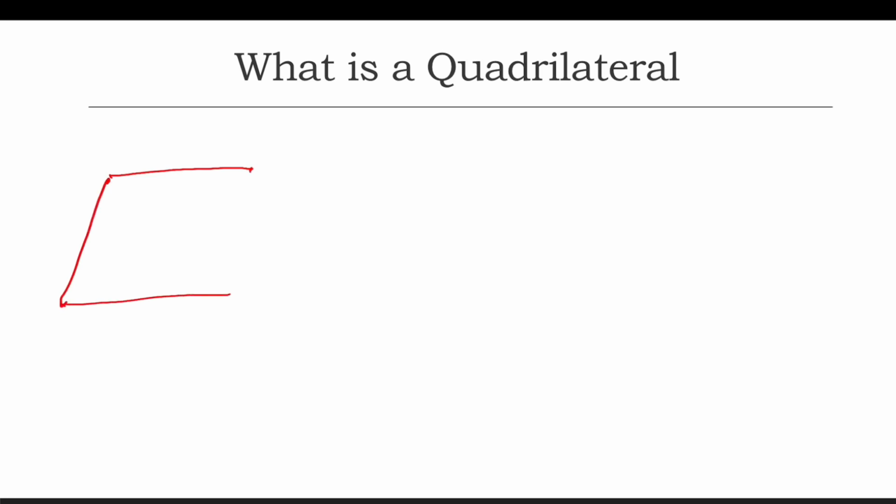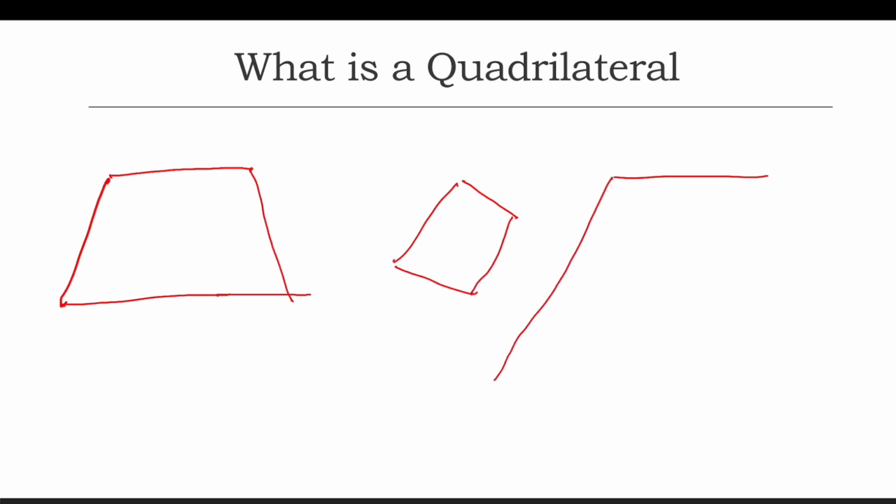So it could be this shape, it could be anything with four sides. Okay? It could be anything with four sides. Sorry, this is like a straight line.